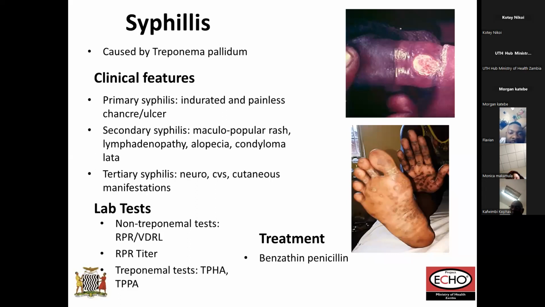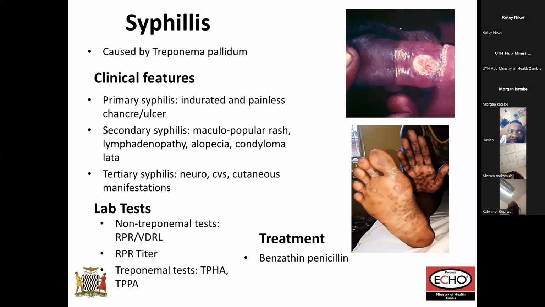Also, the titer is important for monitoring treatment of syphilis, because the tests can keep coming positive and yet someone was treated. So what will guide is the titration. Then treponemal tests, we have TPHA or TPPA, and there are other treponemal tests as well.